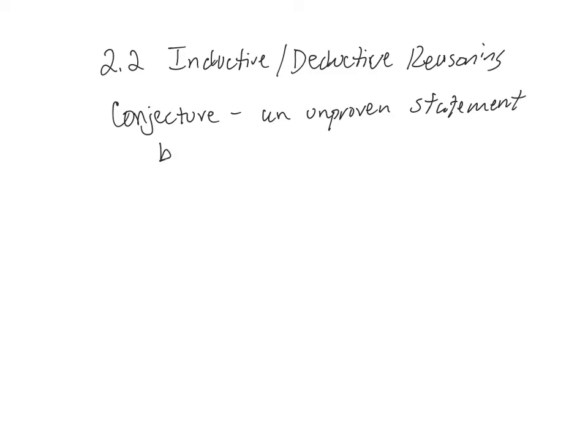So they both use this word called a conjecture, which is an unproven statement based on observations.